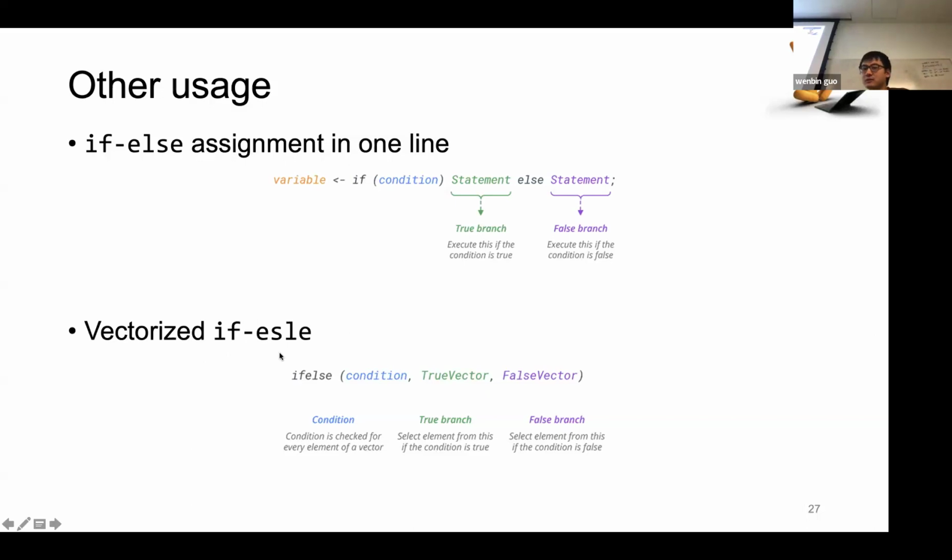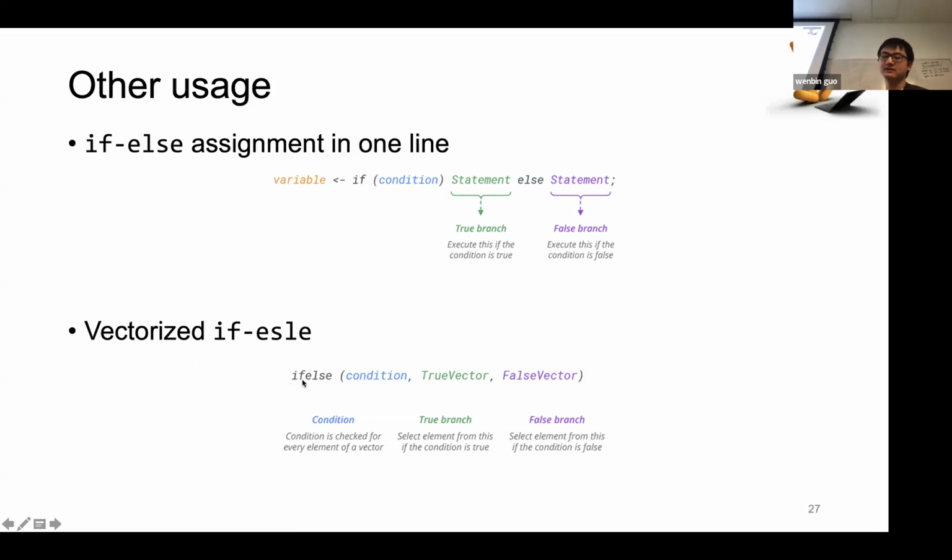Another thing I think is very important is the vectorized if-else. Remember that the condition in the if statement must be a true or false value with a length of 1. But many times, what we want to do is, for each true or false in a vector, do the same thing to each element. So we want some kind of vectorized if-else statement.